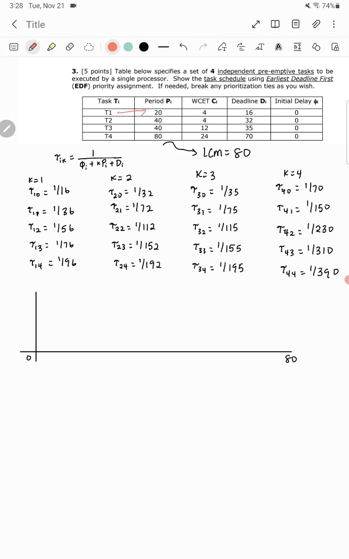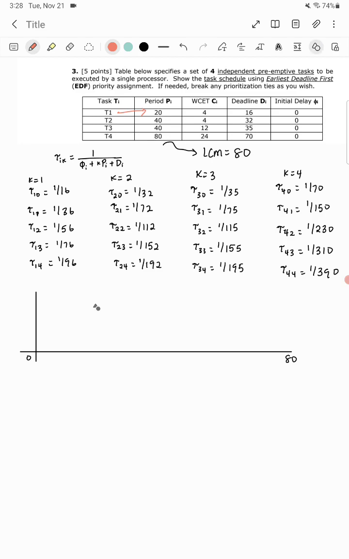It tells us that every 20 clock cycles, whatever you want to call it, T1 is going to start up every 20 clock cycles. That's what it's trying to tell us here.